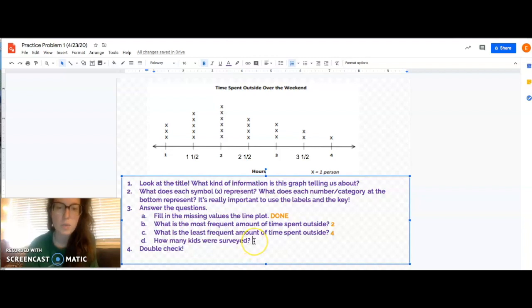How many kids were surveyed? Ooh, this is important. I have to make sure I know what I'm counting here. So it looks like kids or people are represented by an X. So I have to count up all of the X's to find out how many kids were in the whole survey. 1, 2, 3, 4, 5, 6, 7, 8, 9, 10, 11, 12, 13, 14, 15, 16, 17, 18, 19, 20, 21, 22, 23, 24.